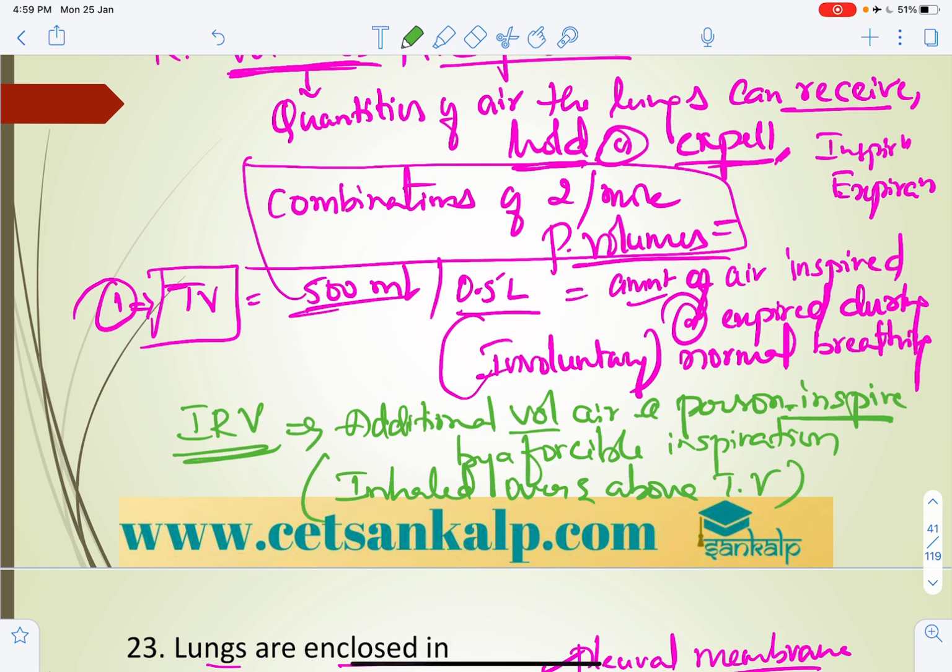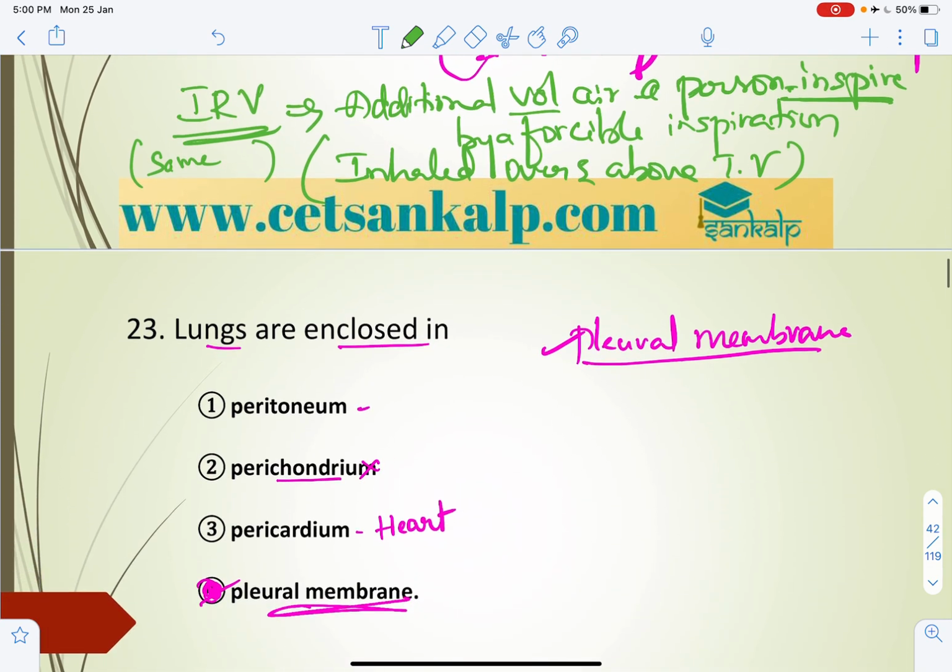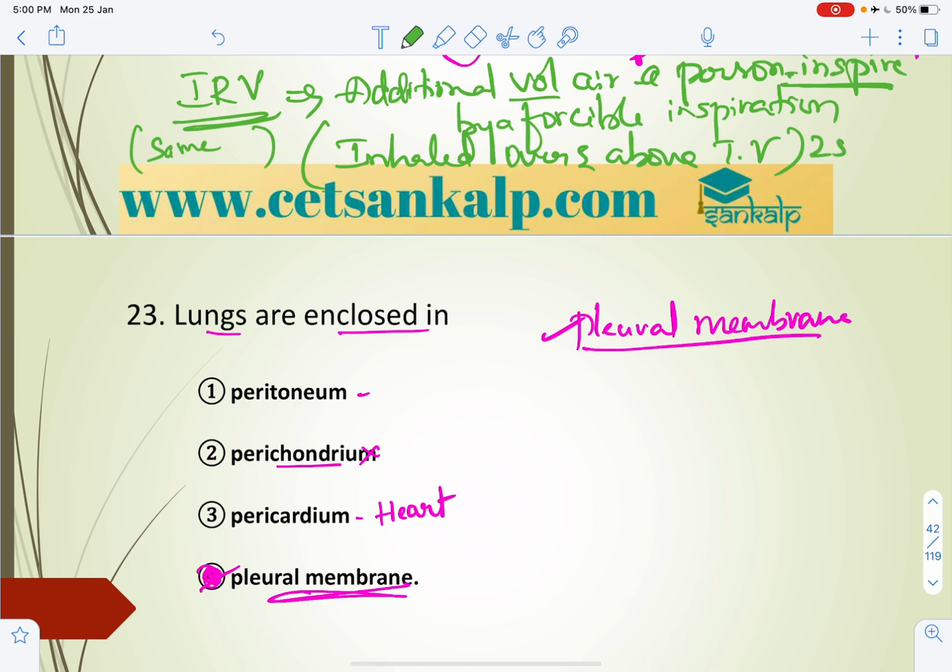So normal breathing first, and then forcible breathing. Normal inspiration, and on top of that forceful inspiration. Both involve the same process, but the latter is forceful. That is IRV, 2500 to 3000 ml. Very important, these volumes are 2500 to 3000 ml.